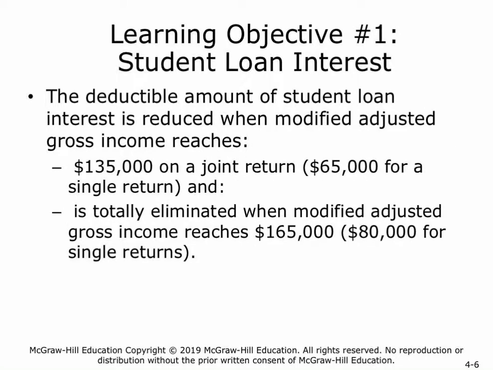So how does this actually result as far as the phase out goes? Now, for a single filer earning below $65,000 for the year, they'll be entitled to that full $2,500 qualified student loan interest deduction. For taxpayers earning over $80,000 in that period, they're going to have that qualified student loan interest deduction completely eliminated.